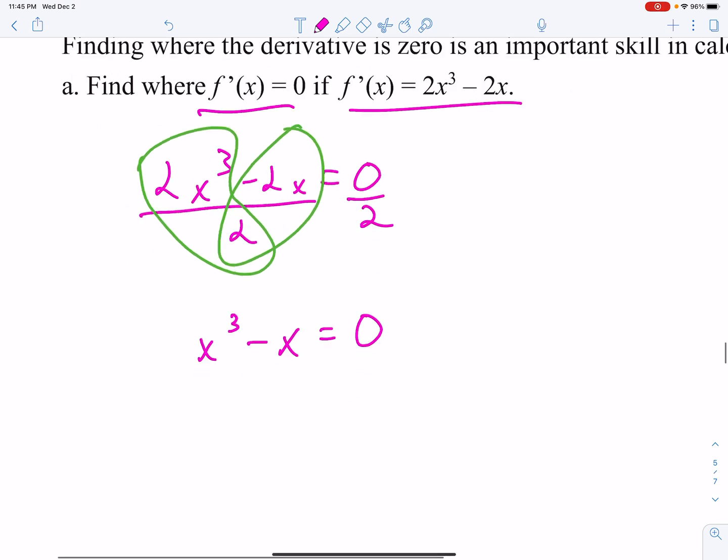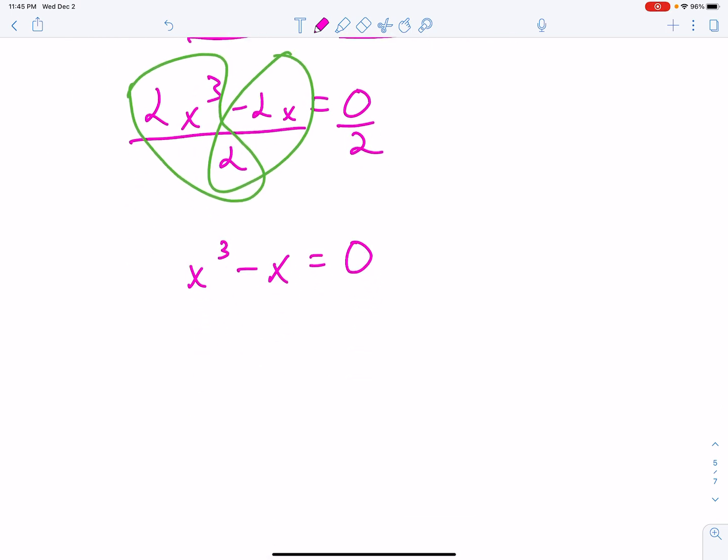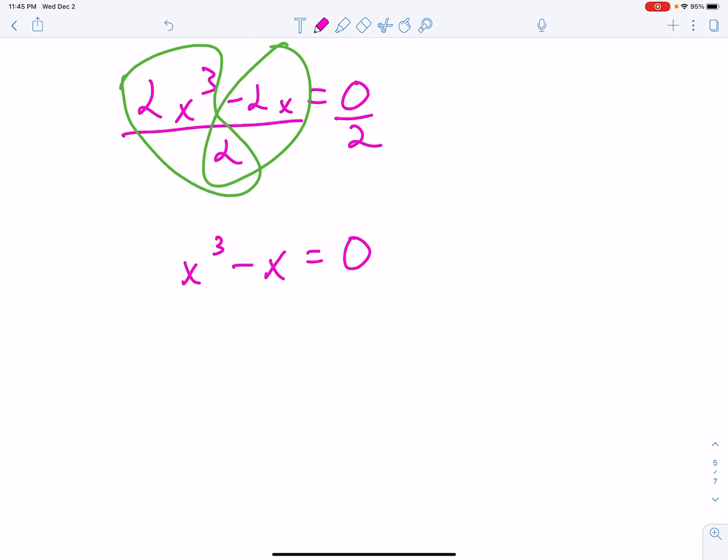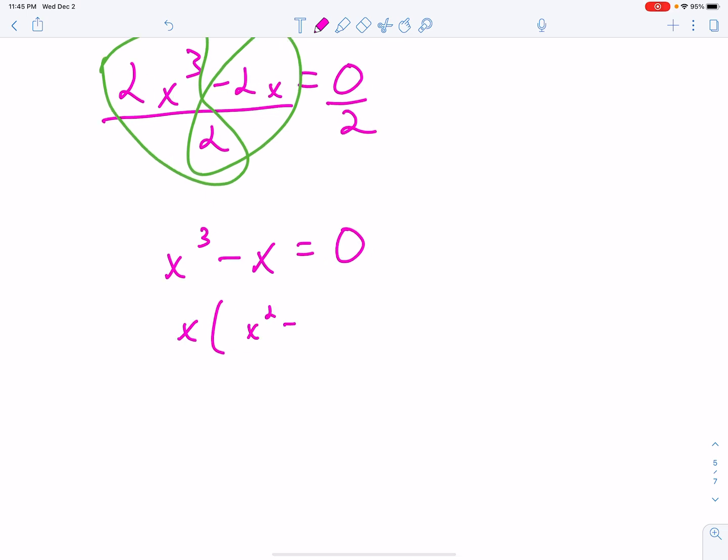Okay, now we notice here's our 2 terms, right? We notice they have an x in common, so we factor out an x. Factor out means divide out, so that means x squared minus 1, and this is all still equal to 0. And again, our zero factor property: take each of the factors, set them equal to 0 separately, and solve. Well, that one's easy, right? x equals 0.